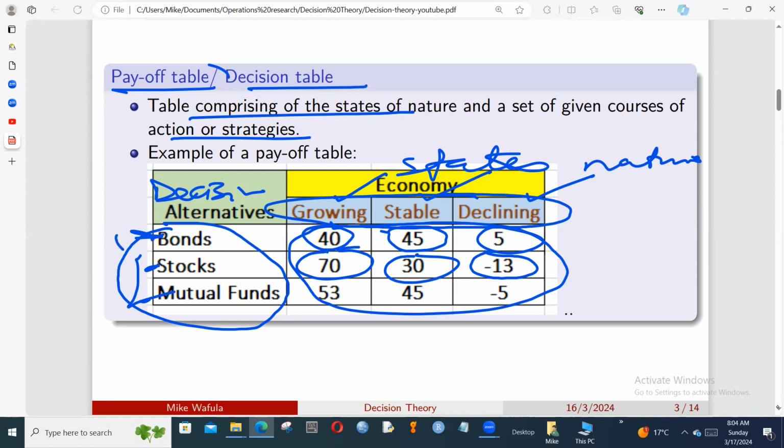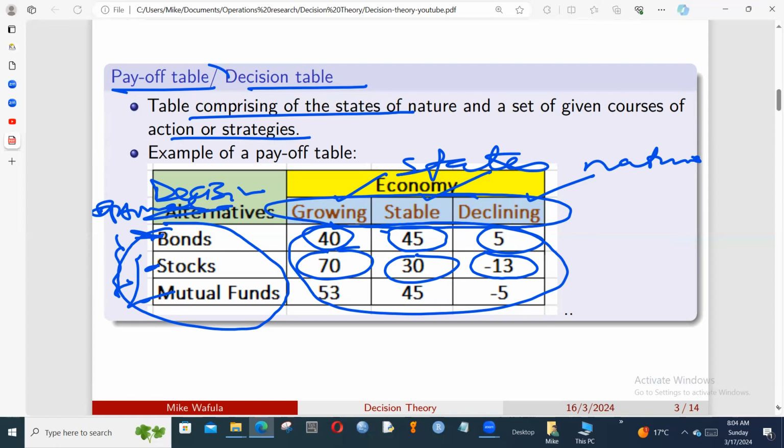How do we now make a decision on which of these decision alternatives to choose? Because we want the best. We are talking of the optimal. Whenever we are making a choice, if we choose bonds or stocks or mutual funds, there must be a criterion that guides us. And so we are going to be looking at different criteria that guide a decision maker to make a decision on the best decision alternative based on these prevailing conditions.